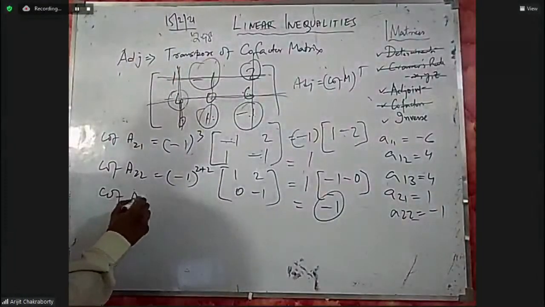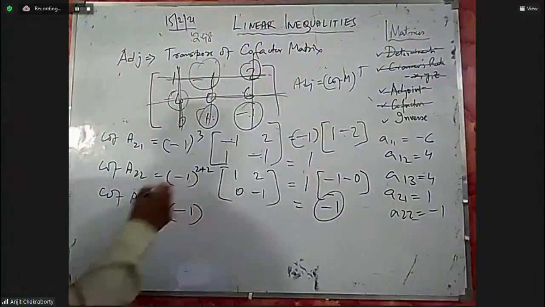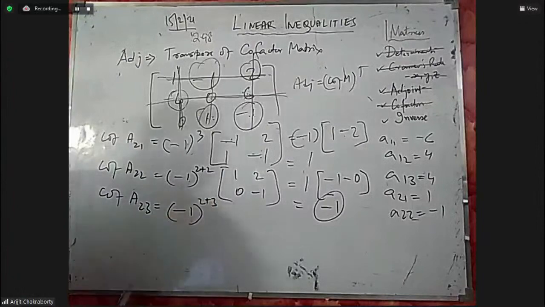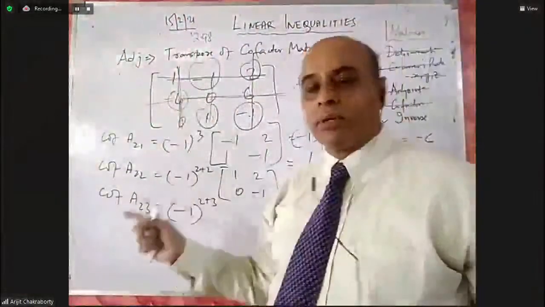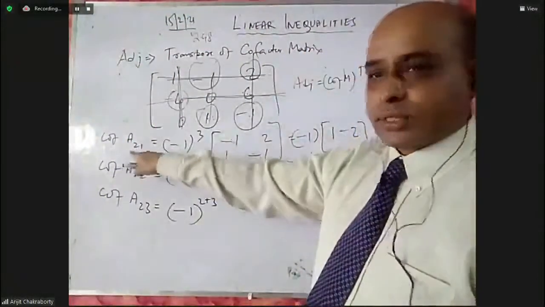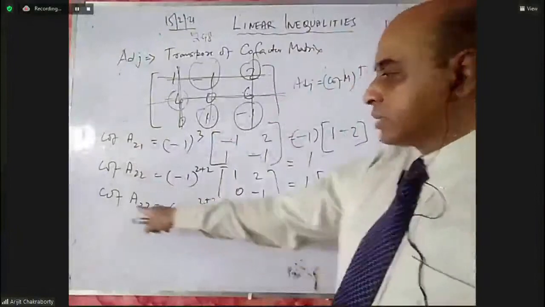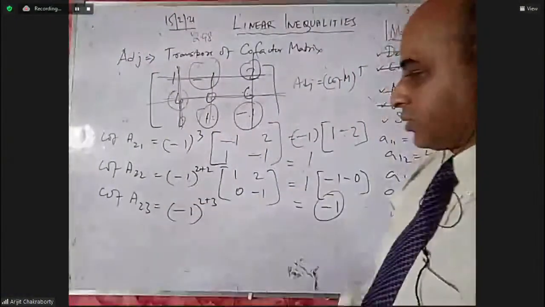Cofactor A23: the formula is minus 1 to the power 2 plus 3. Some of you are asking about this formula. You don't have to go into the derivation, just remember the formula is minus 1 to the power i plus j. So for A23, keep minus 1 to the power 2 plus 3.